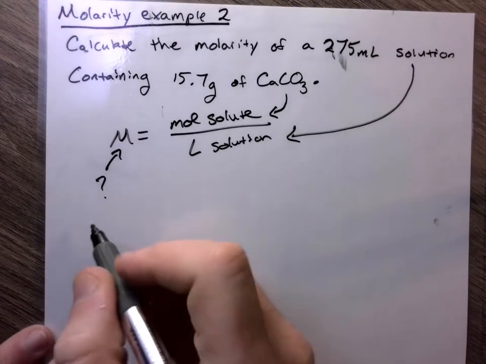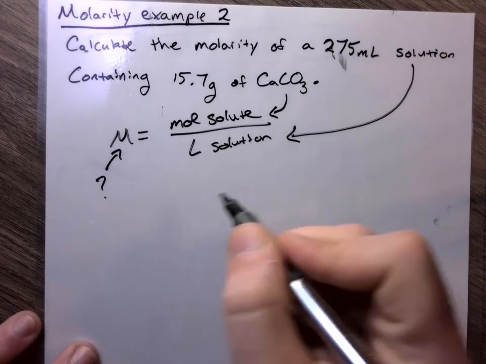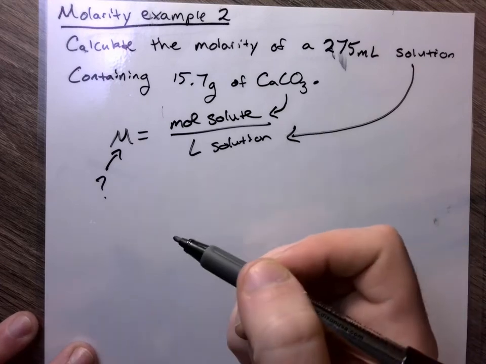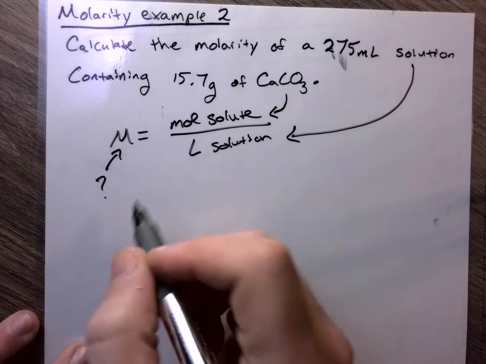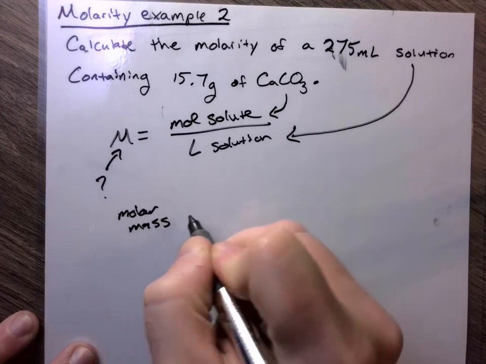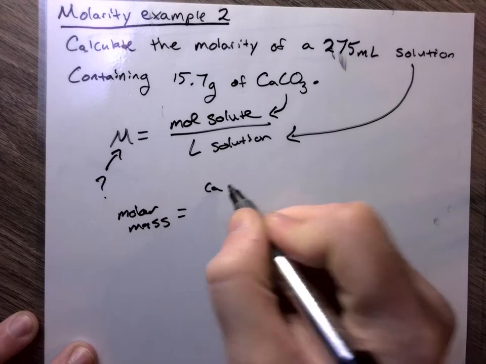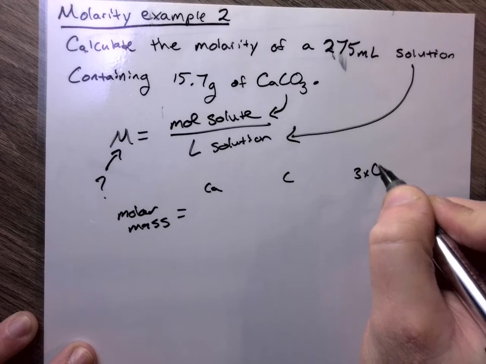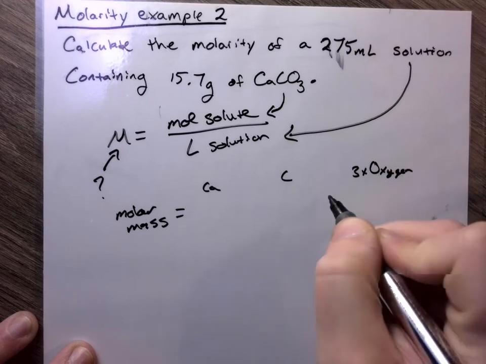So I need molar mass. To find molar mass, I'm going to take calcium, carbon, and 3 oxygens and add them up.